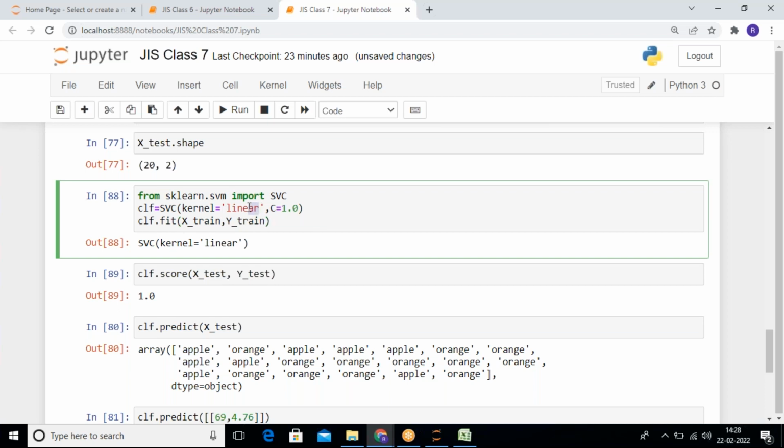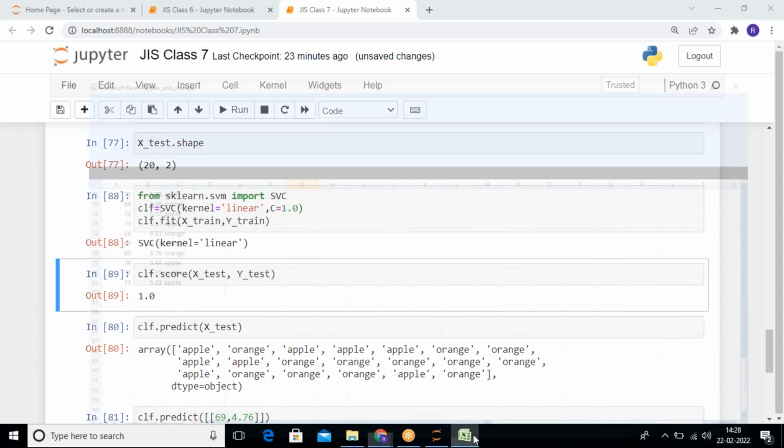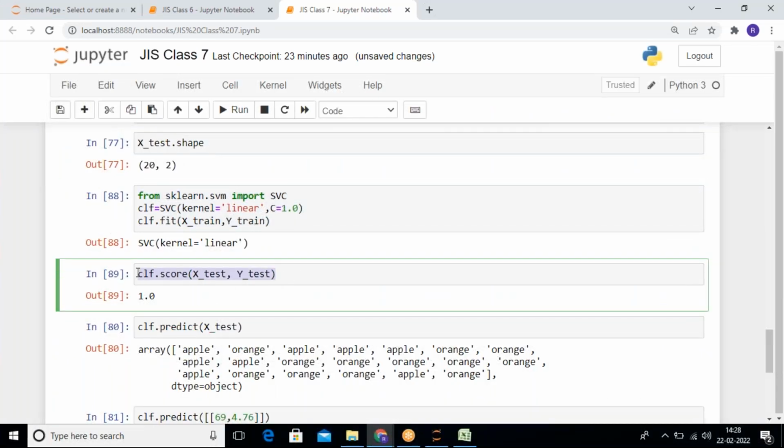But for RBF, it is failing, because here RBF is not required. It is for non-linear separation. Here most of the data is linearly separable, so we are using kernel equal to linear. Now it's giving 100% accuracy.